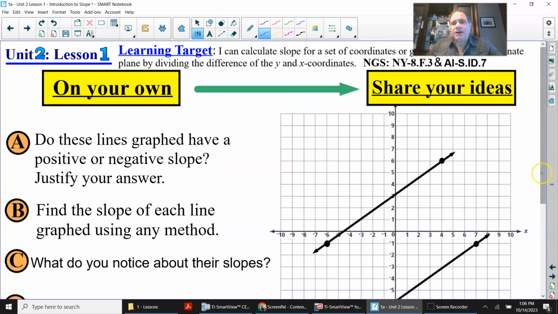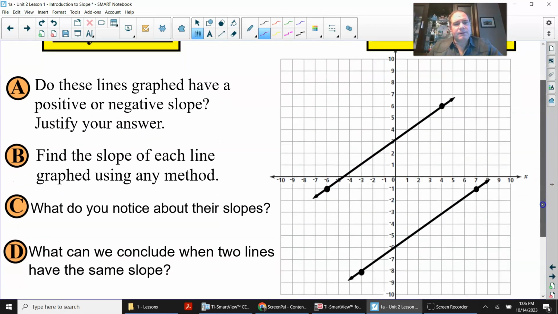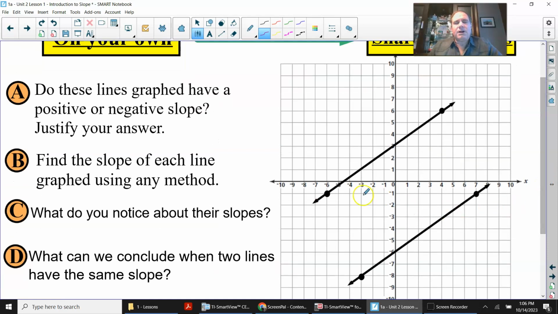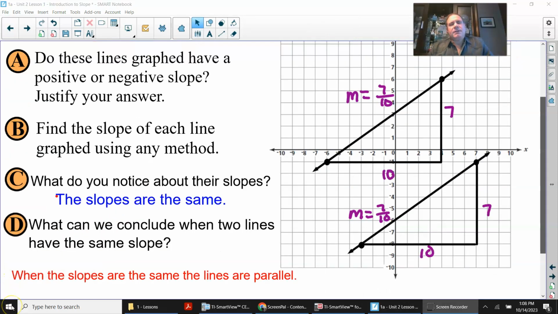All right. Just one other thing that we're talking about here, this rise over run. Go ahead and see if you could find the slope and then see what you notice about each. Go ahead to get the slope of each line using rise over run. Okay, so the slopes of both of these lines, you should have 7/10 rise over run.